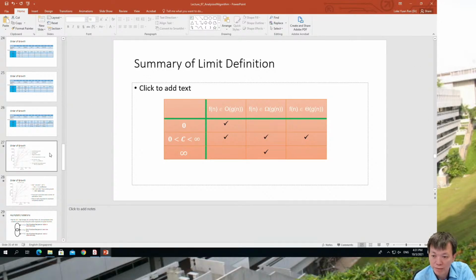Because when you have more complicated algorithms, you need to decide which one is better before you implement them, or when you design an algorithm, you need to consider the complexity. It's not simply that implementing is good enough.